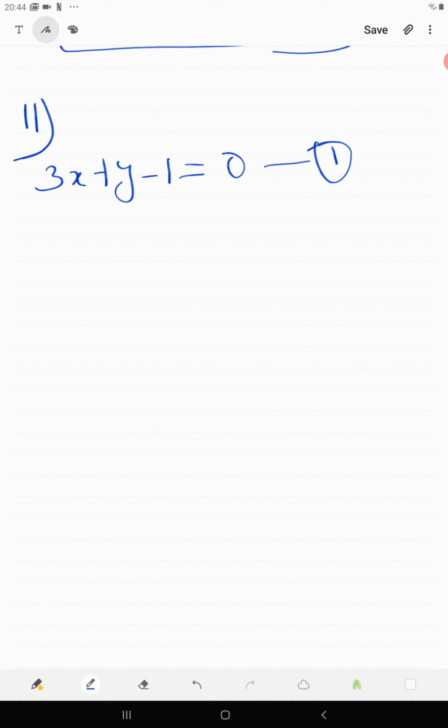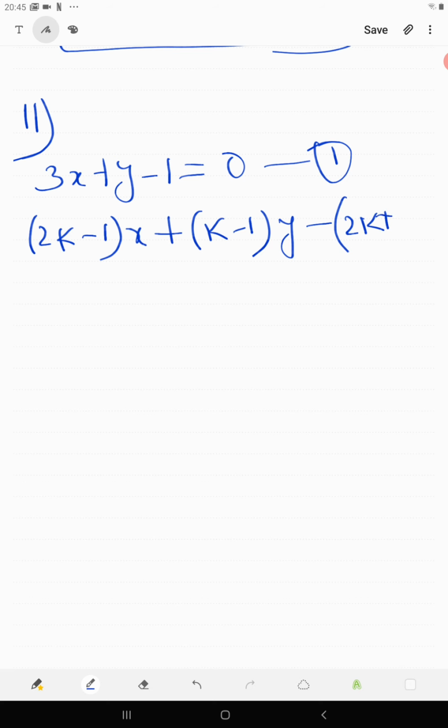And second is 2k minus 1 into x plus k minus 1 into y minus, since I am bringing it from right to left, the whole thing becomes negative, so I am putting a bracket, equals 0. This is our second equation.